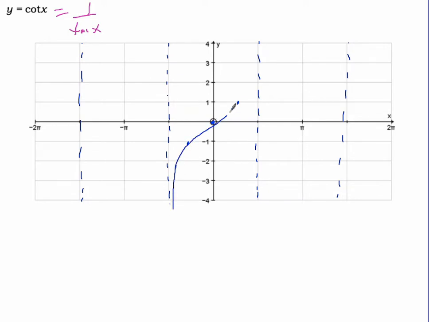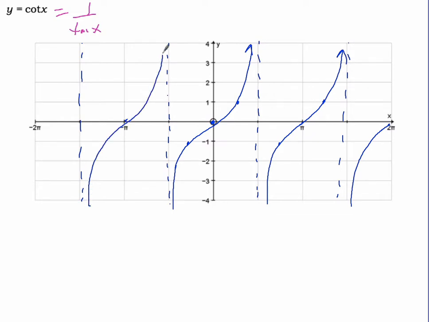Let's draw that in. All right, so there's tangent. So 1 over 0 gives you a vertical asymptote. So here are our vertical asymptotes.